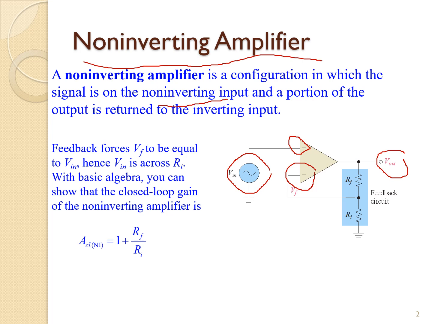Feedback forces Vf to be equal to Vin, hence Vin is across Ri. With basic algebra, you can show that the closed-loop gain of the non-inverting amplifier, ACL non-inverting, is equal to 1 plus Rf over Ri.